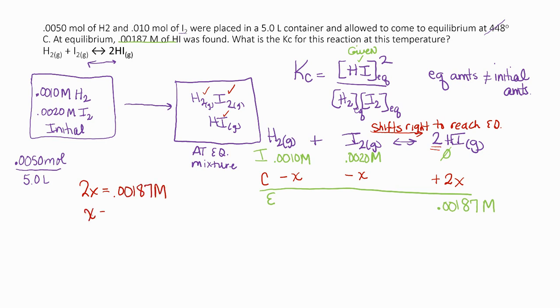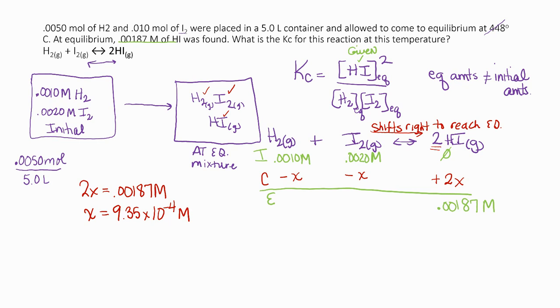So I can figure out the change, right? The change would be 0.00187 divided by 2. That's 9.35 times 10 to the negative 4 molar. Okay, that's how much it shifted.